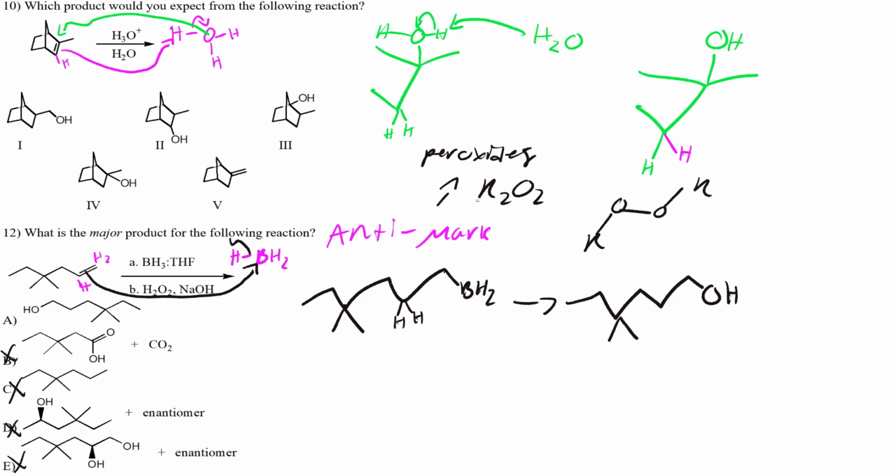So peroxides, also potassium permanganate, KMnO4, they are anti-Markovnikov, and that's pretty important for you to know, right? So that looks pretty good. Also, BH3 is also anti-Markovnikov. So answer choice A would be the correct answer.